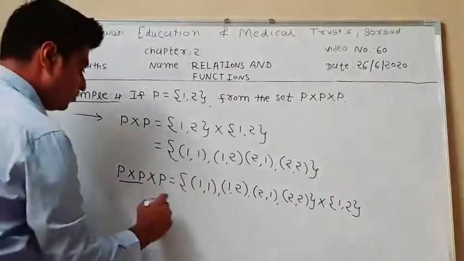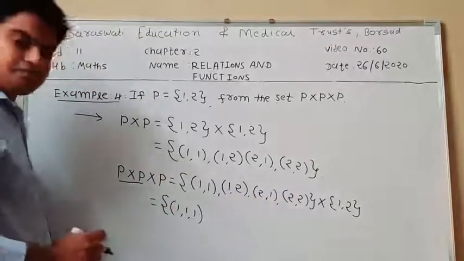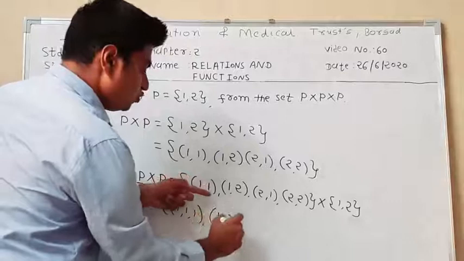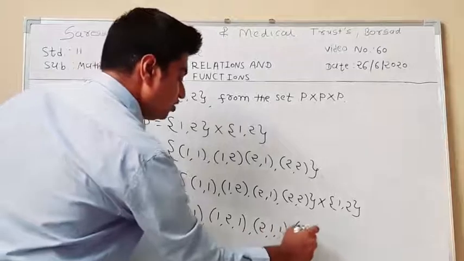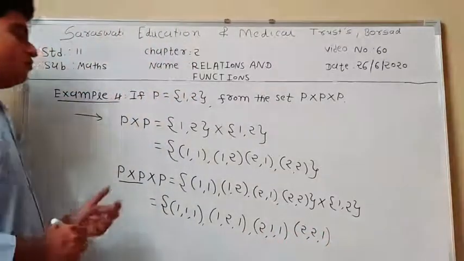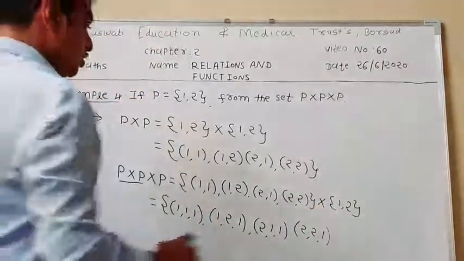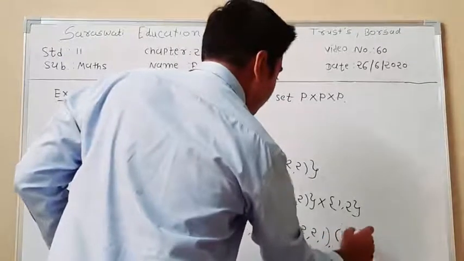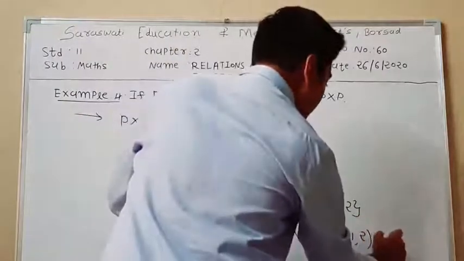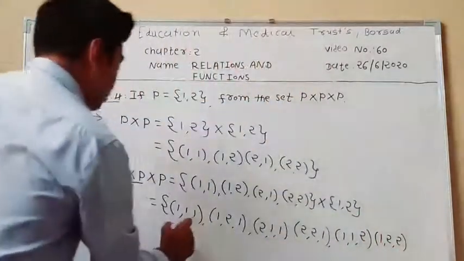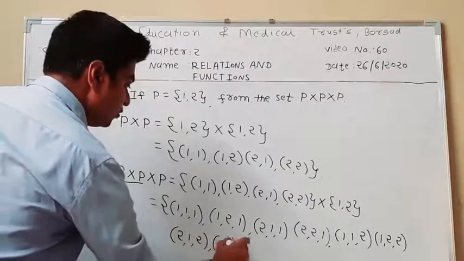So our final answer is written like this: (1,1,1), (1,2,1), (2,1,1), (2,2,1). In the same way, the 4 ordered pairs with 2 give (1,1,2), (1,2,2), (2,1,2), and (2,2,2).